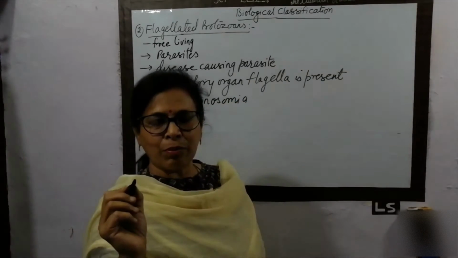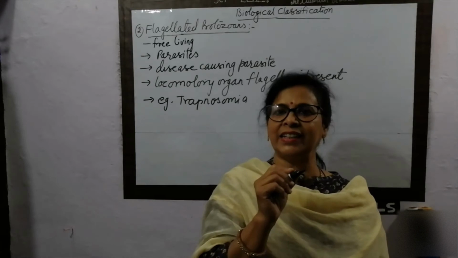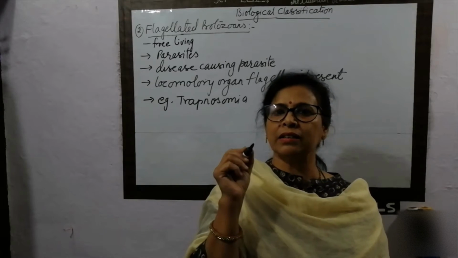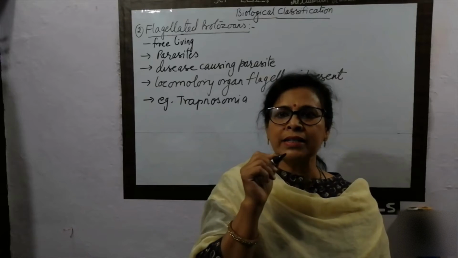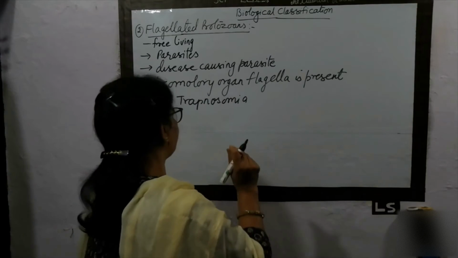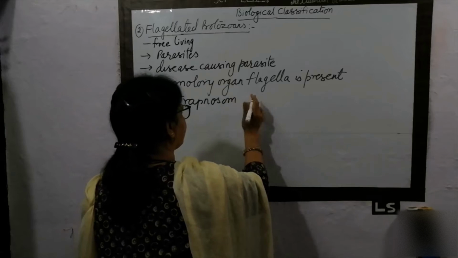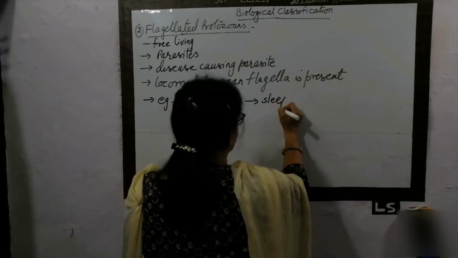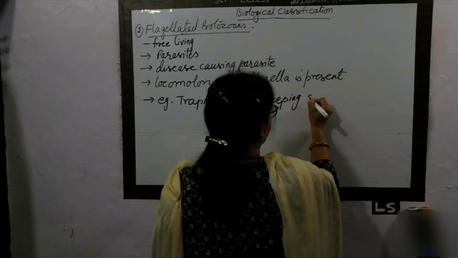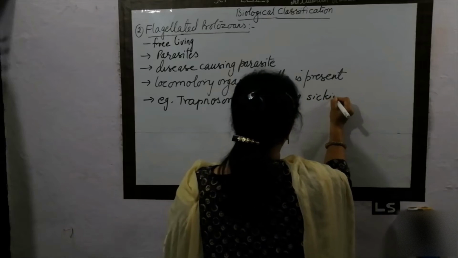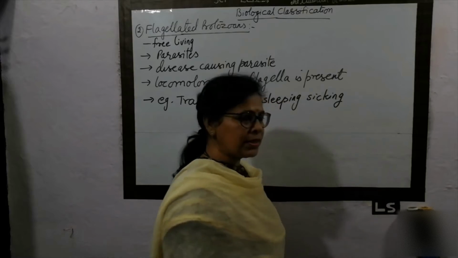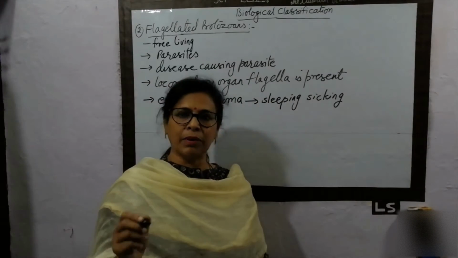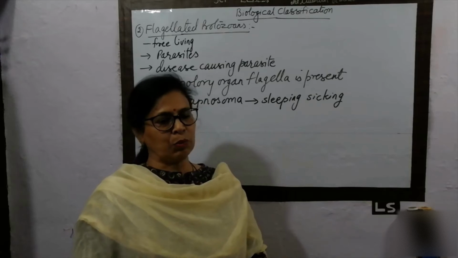This is one type of flagellated protozoan, and it causes a disease called sleeping sickness. As is clear from the name, the person suffering from this disease has a tendency to sleep, and in sleeping sickness the person may die.